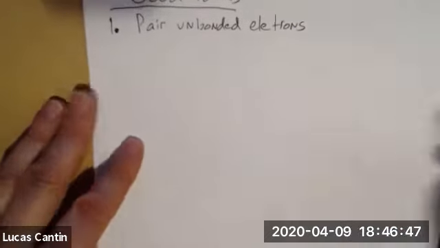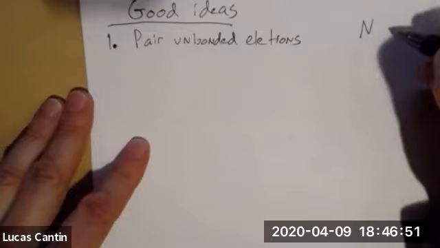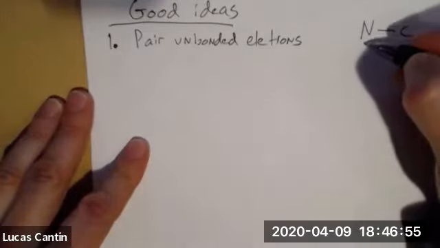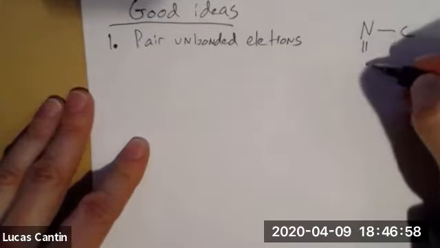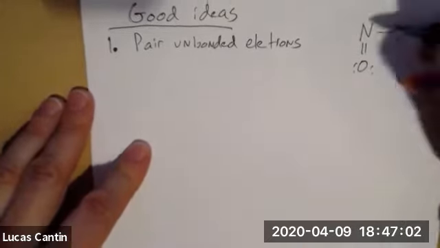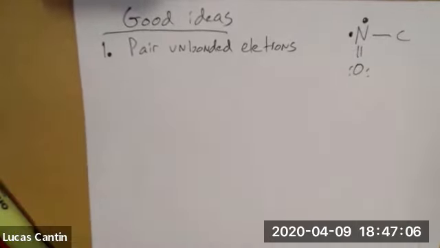I'll see some people do stuff like they have a nitrogen, and then let's say it's a carbon, and then maybe let's say there's 2 more bonds over here to something else. How about oxygen, something like that. And then they'll have an electron here and an electron there. And you want to have them paired, right?